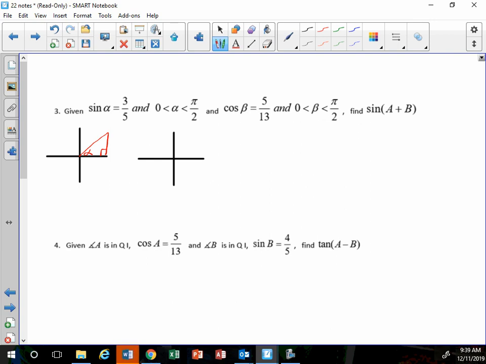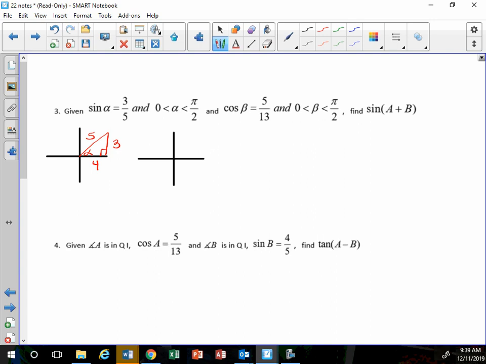What does that mean in my triangle? Okay, so the opposite, the y, whatever you want to call it, is 3. What's 5? Hypotenuse, good. Do you guys know the other side of the triangle? 4, okay. So we've used up all of that first information.